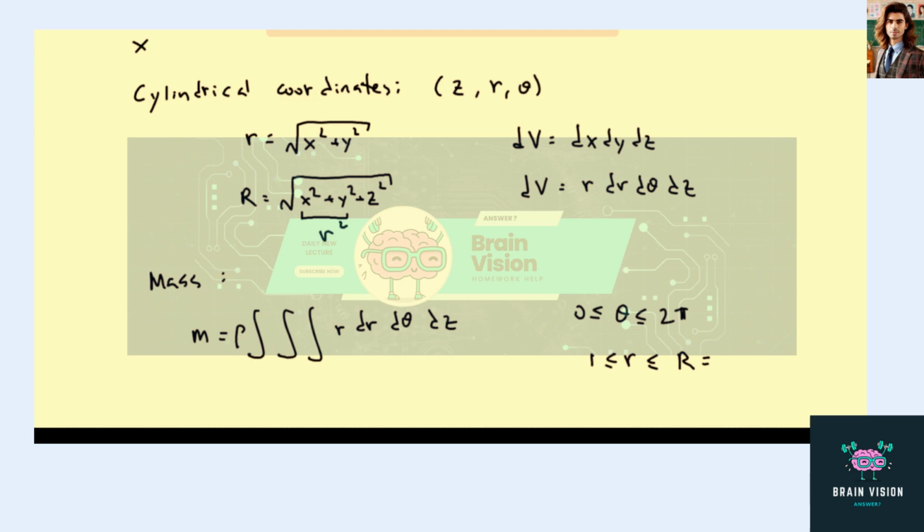We can rearrange this equation and we'll see that r, the radius in cylindrical coordinates, is equal to the square root of R squared minus z squared, where R squared in this case will be the constant 4 squared.